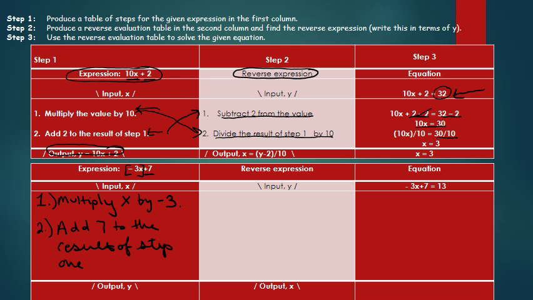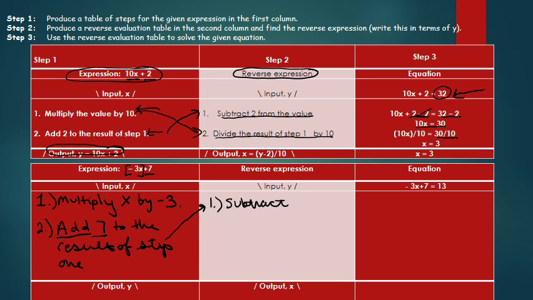Step 1. Okay, so now I need to reverse that. So again, my second step becomes my first step, and I need to do the opposite function. So the function here is add, so the opposite function is going to be subtract. So subtract, and what did I add here?